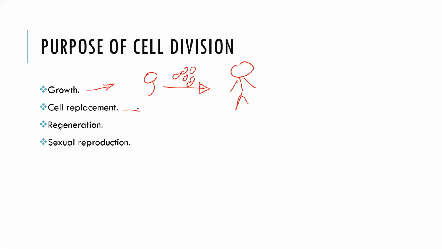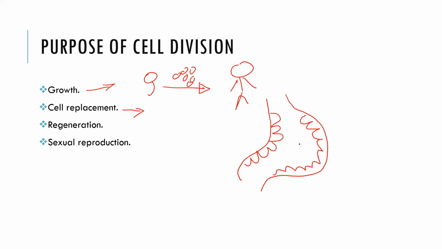Then for cell replacement. If we take the stomach, for example, there are cells on the stomach surface, right? The topmost cells usually break off with time, so you need to replace those cells.